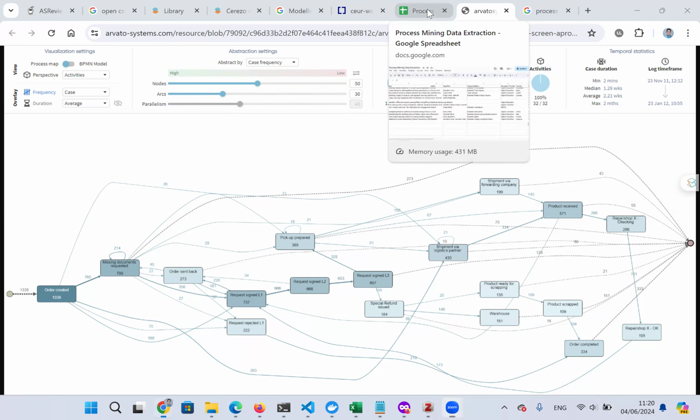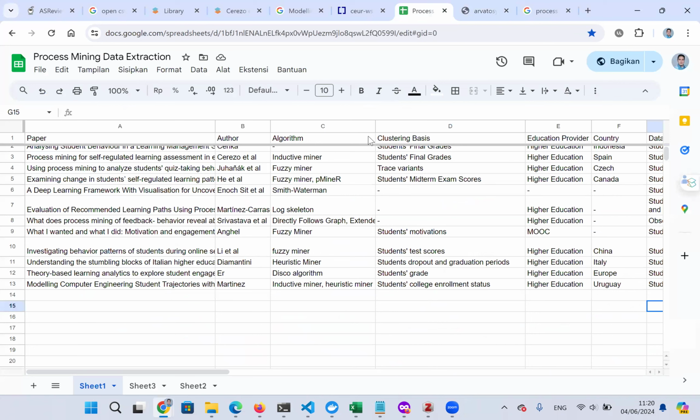Then let's move on. Here we want to extract attributes out of a research paper.